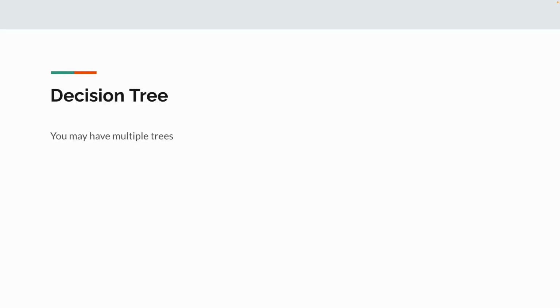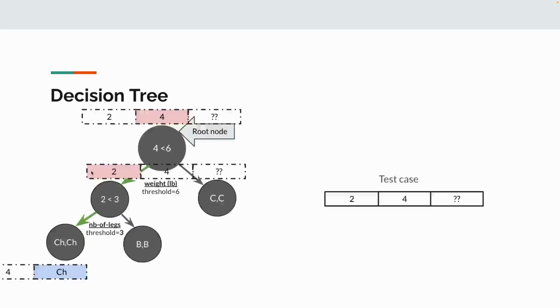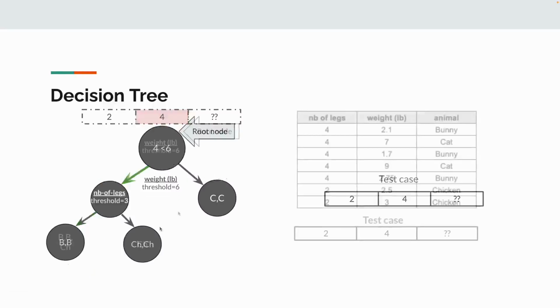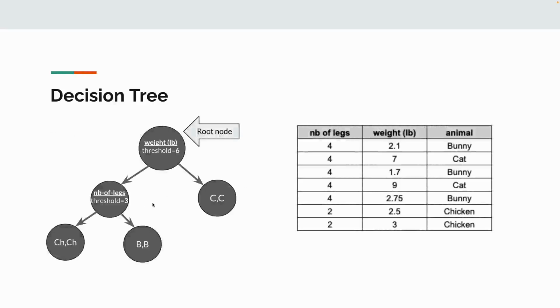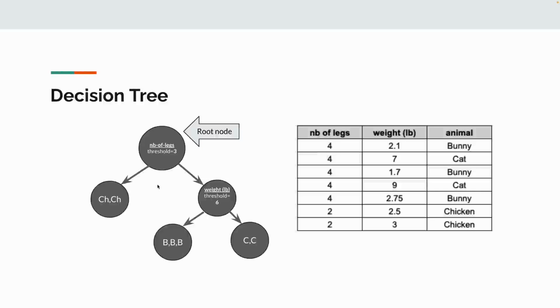One thing is, for our data points we were using this particular tree, but that was not the only tree that you would have learned. So this was our tree that we have just seen, but let's say you started with splitting the data points first by using the number of legs, and the threshold point was 3.